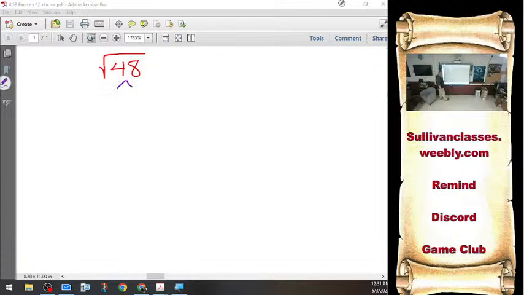What times what makes 48? Yes, 6 times 8 does make this, but I have to keep going. Okay, so I can break it up like this and rewrite. This is 2 by 2 by 2 by 2 by 3.